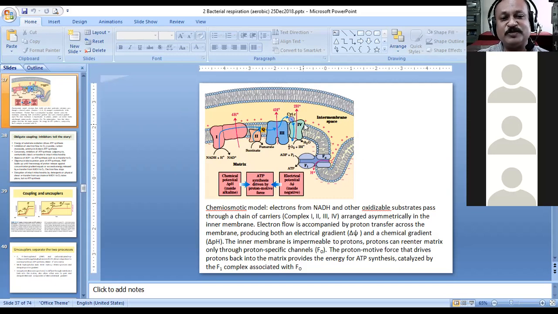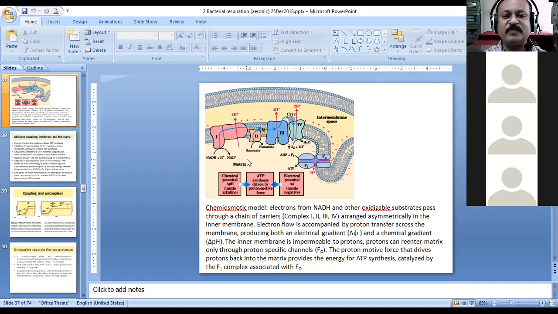For example, the cytochrome c molecule here you see is a peripheral protein. It is not integrated with the membrane, but complex 1 or complex 3 or even complex 4 are actually spanning the membrane. But even though they are spanning the membrane, you will see that there is a lot of difference here. Complex 1 and complex 4, for example, their orientation need not be exactly the same.